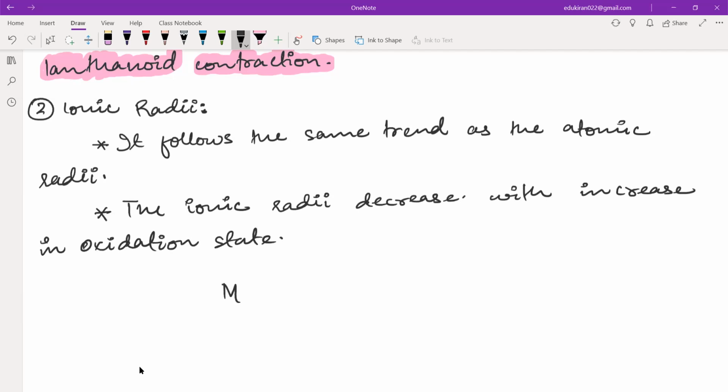That means if you have metal +1, this will be bigger than the same metal with the +2 oxidation state, and than the same metal with +3 oxidation state. Okay, this is the meaning.